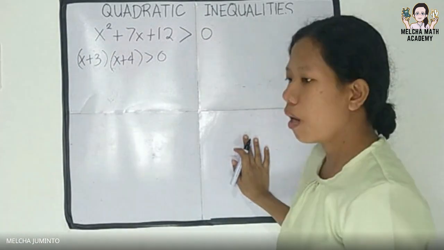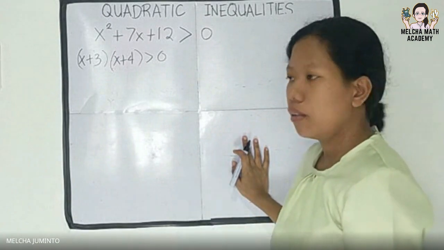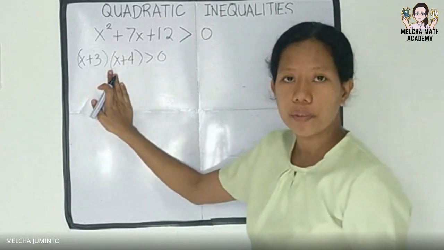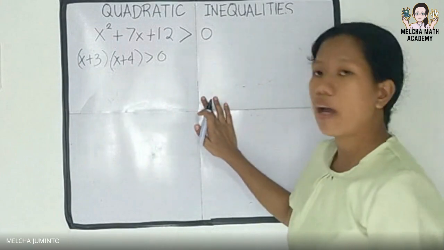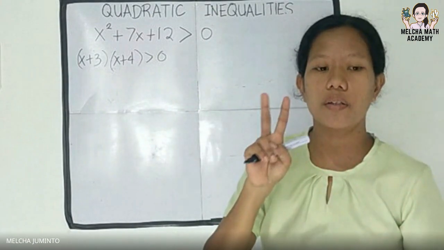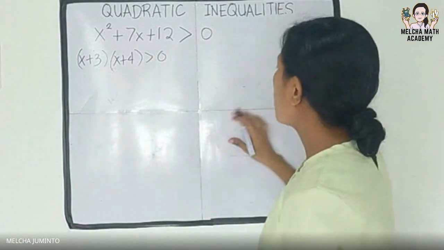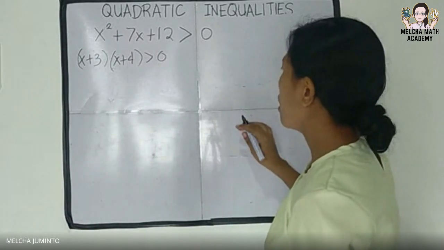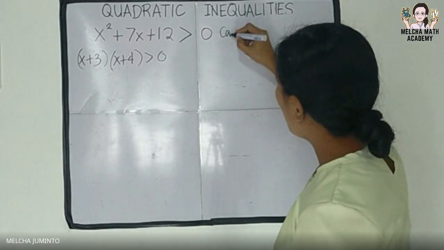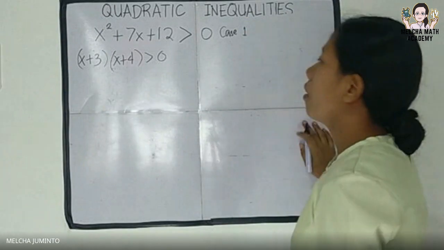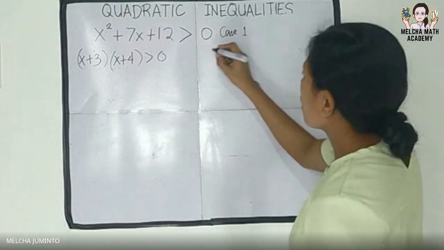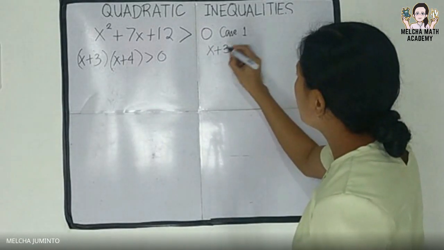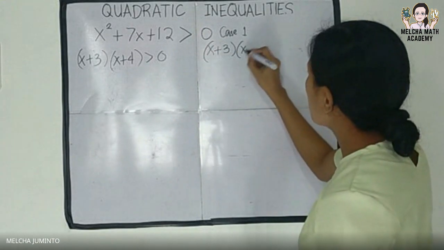Now, since this should be greater than 0, it can have two cases. Let us talk about the first case. Case number 1: x plus 3 times x plus 4.